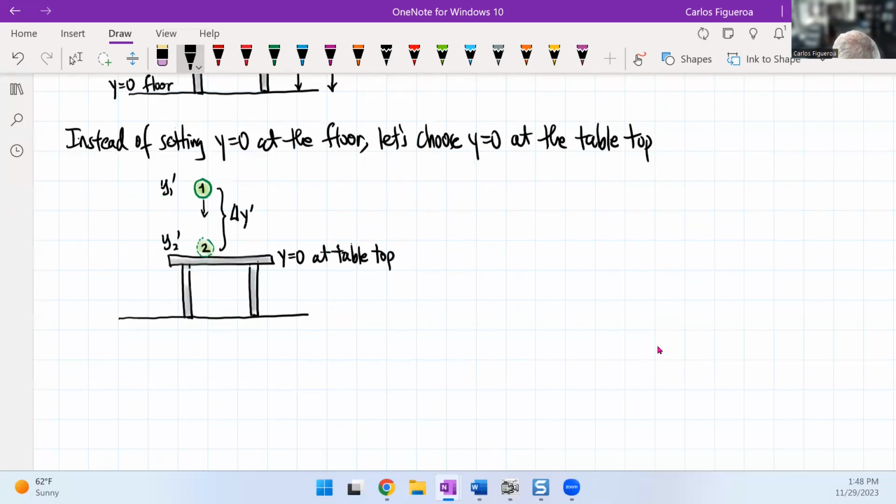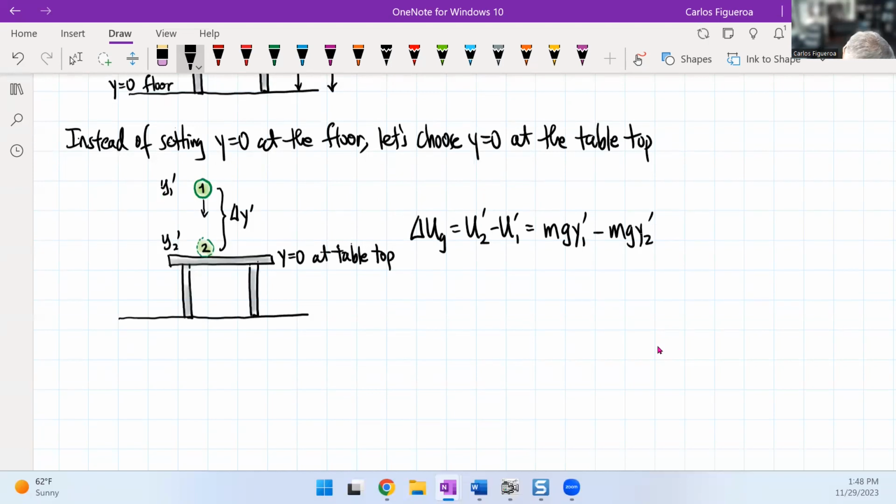So when I calculate this thing, here's what I find. The change in gravitational potential is still U2 prime and U1 prime, and I'm still going to get mg y2 prime minus mg y1 prime.